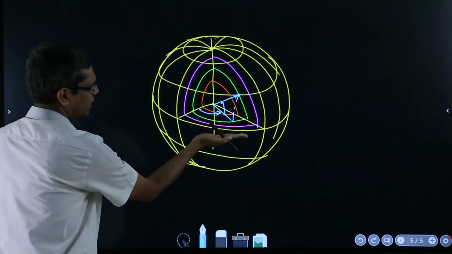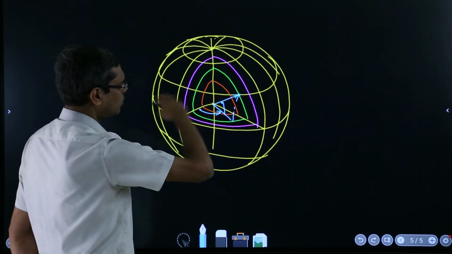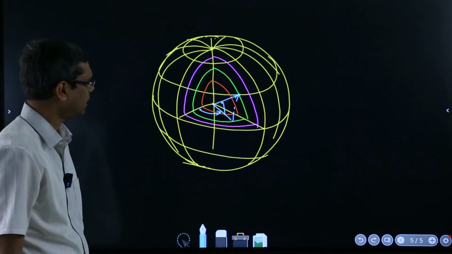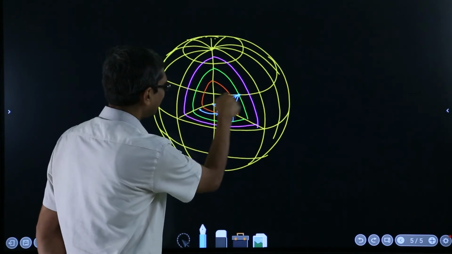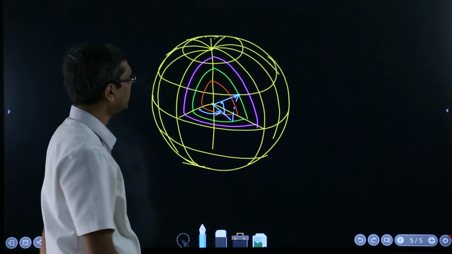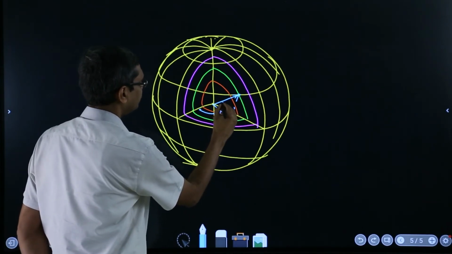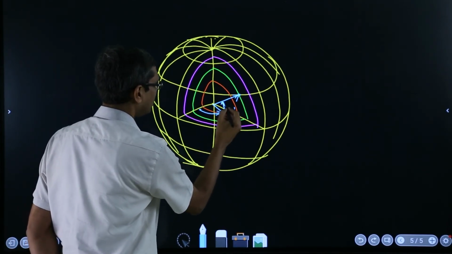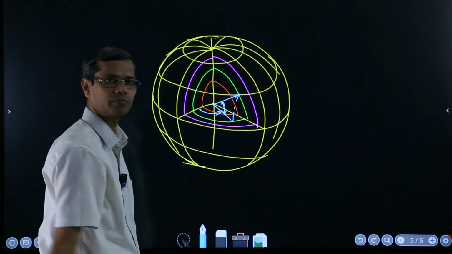So that means these circles which are drawn horizontally, like the equator and the other latitudes on earth, they basically represent this angle phi. So constant phi lines are these circles.